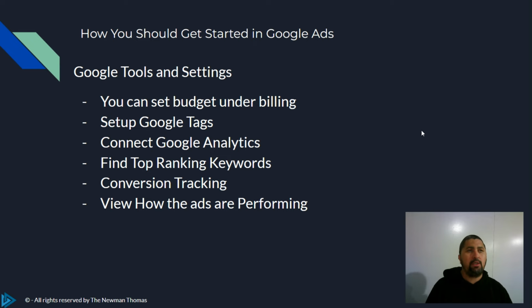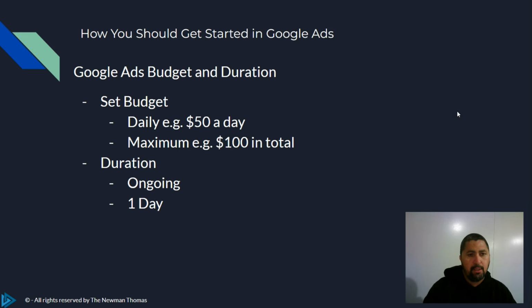You will see, because you've spent, let's say, $3,000 on those 3 months, $1,000 a month, did you make more than $1,000 for January, February, and March? You will be able to view how your ads are performing.